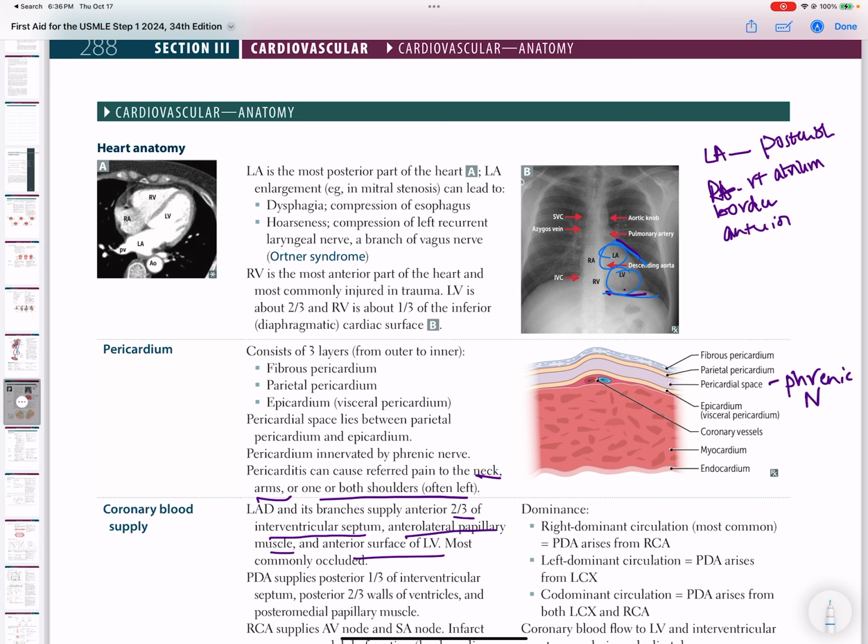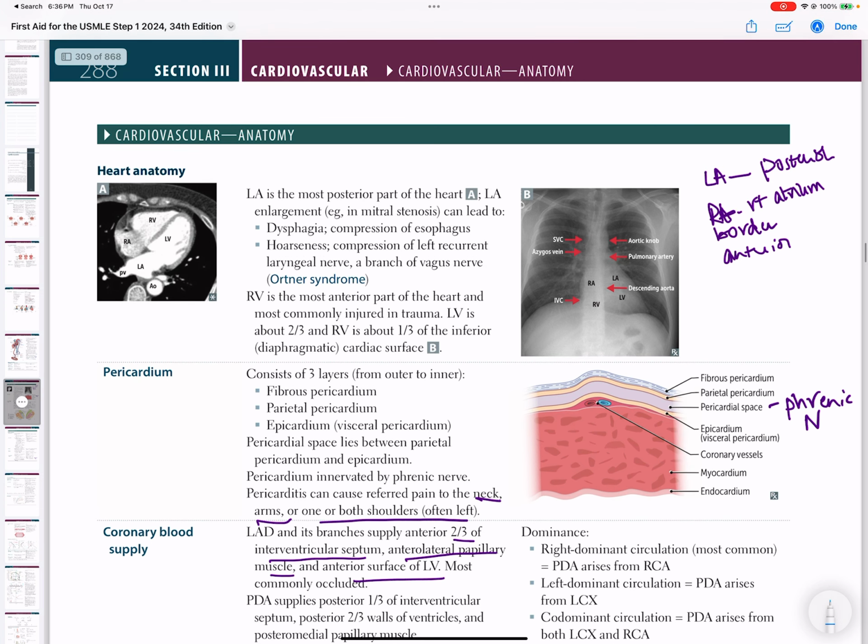In mitral stenosis, when the left atrium is enlarged, it causes dysphagia, because, being posterior, it compresses the esophagus, and hoarseness, because it compresses the left recurrent laryngeal nerve, a branch of the vagus nerve, which is also Ortner syndrome.